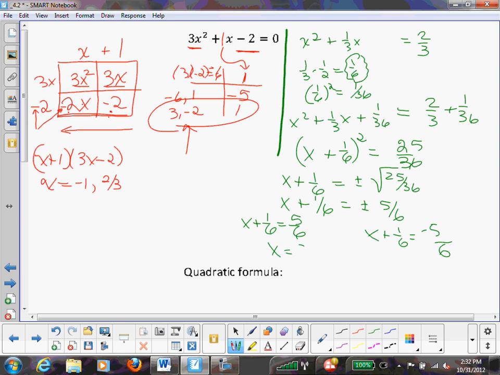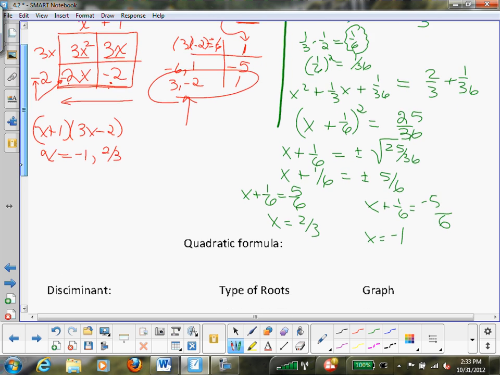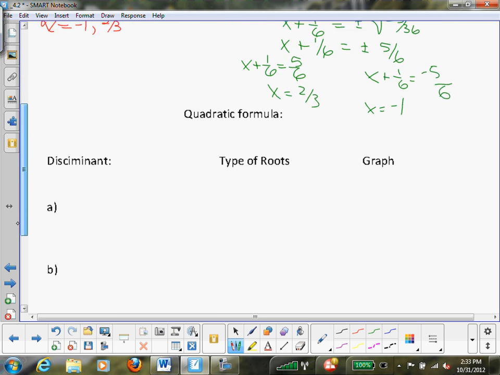So x is equal to 2/3, and x is equal to negative 1. I do the math. Okay? How are we doing? Do you remember completing the square now? Sort of. It's a lot of practice, just doing the same thing over and over again until you figure out the pattern.